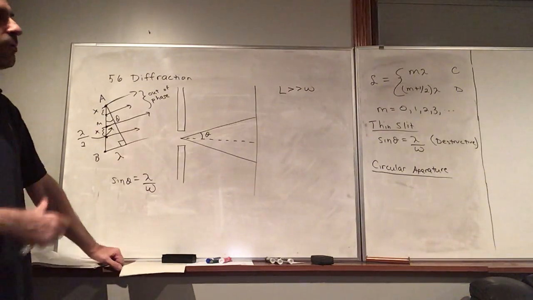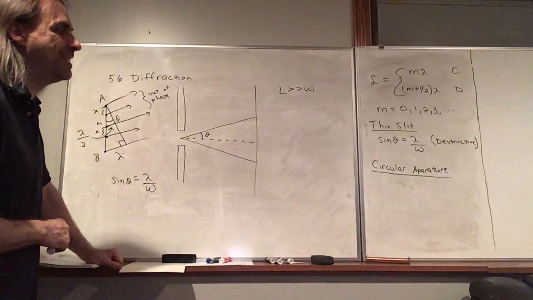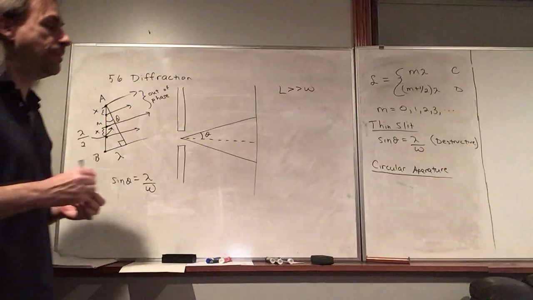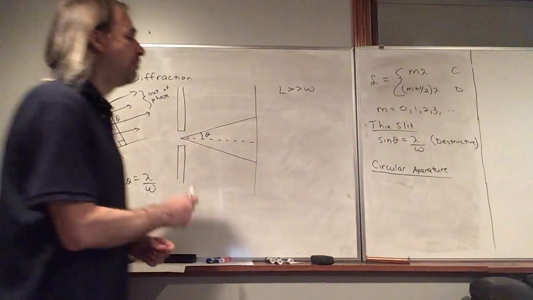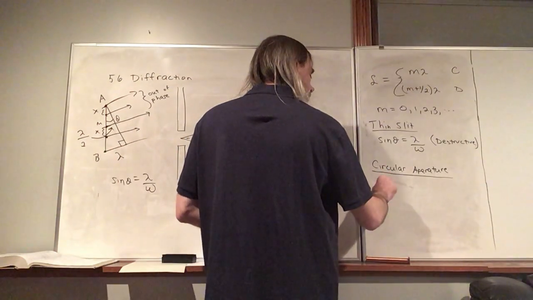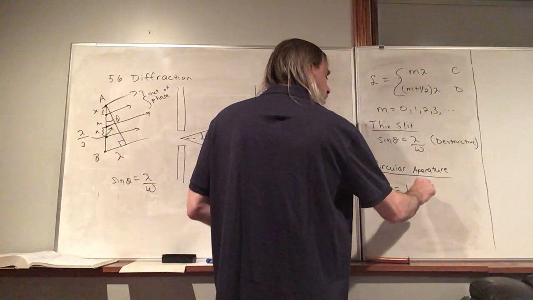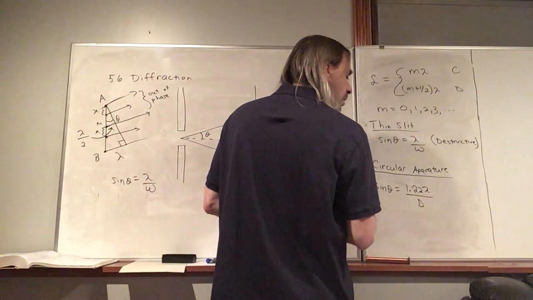So diffraction is really significant when the wavelength is comparable to the size of the opening. But now let's go to the circular aperture, and we get a very similar effect. We get this central cone where almost all the light goes. Now, actually coming up with the formula is very difficult.